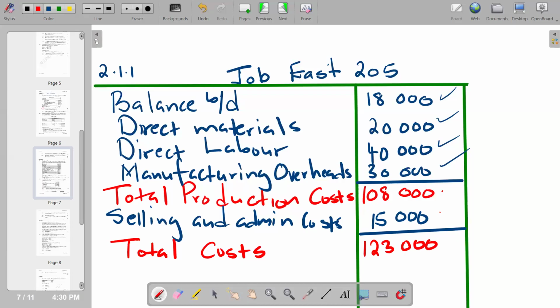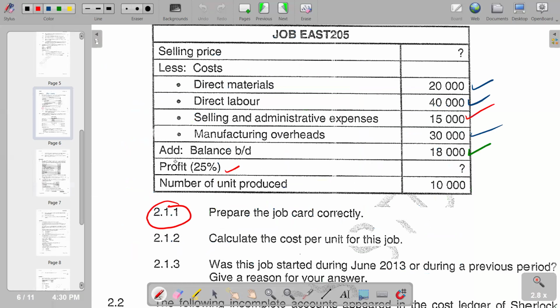Then we now add the profit that we are given. Remember, the profit is the same as the markup. So we are going to calculate it as 25% of the figure for total cost. So 25% of our total cost.